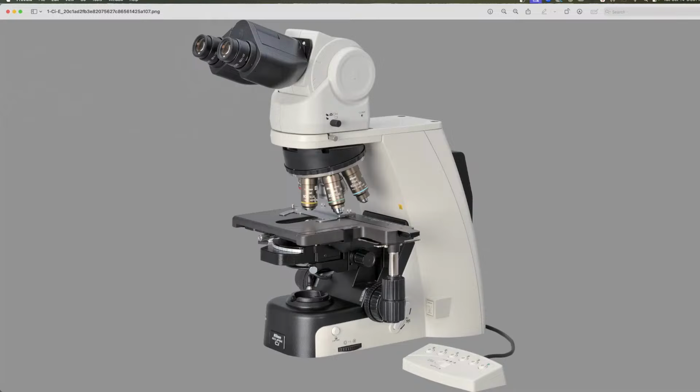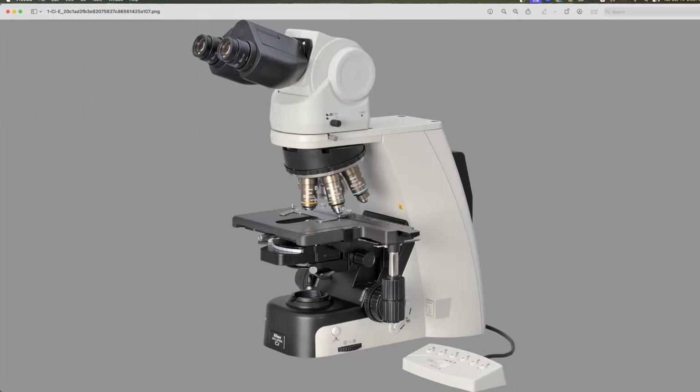Now, the very core of the microscope is the objective. It is the lens where most of the correction, if not all of the correction, is done. So the color fringing is managed in here, as are the optical aberrations.